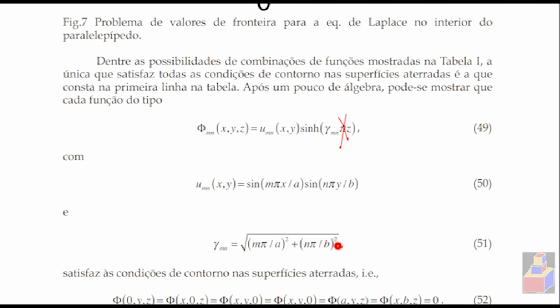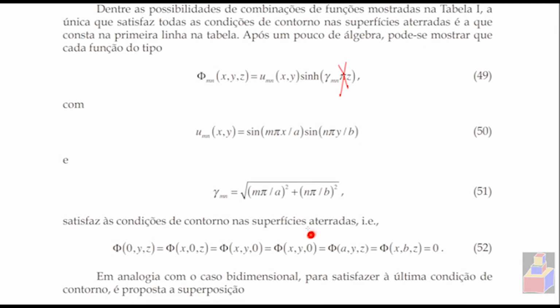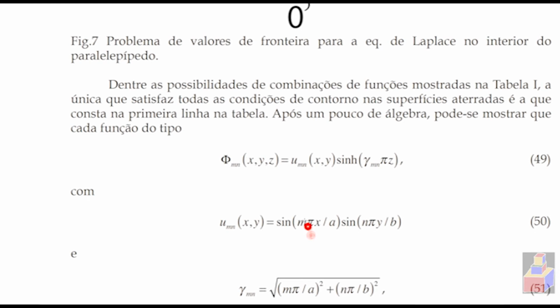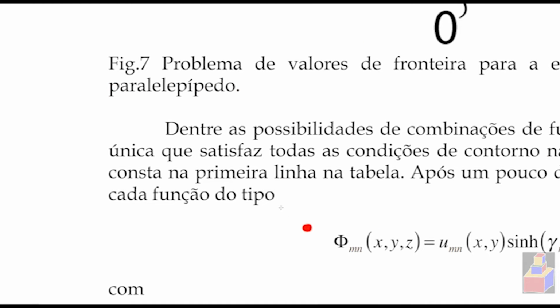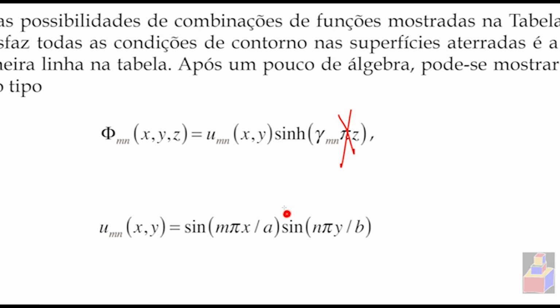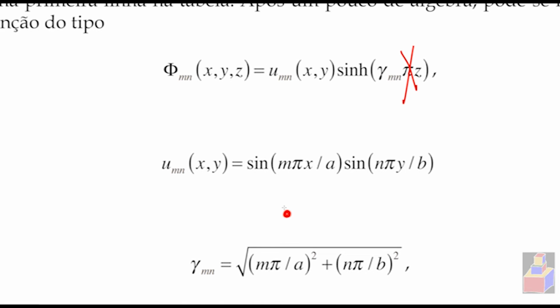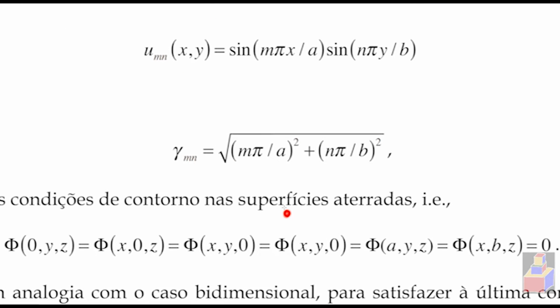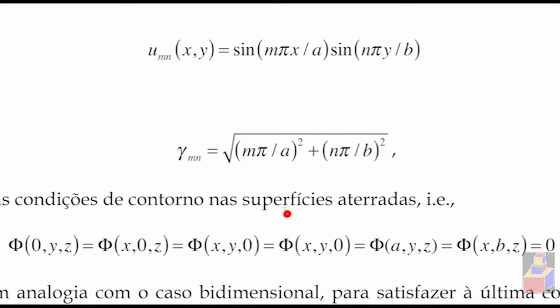So this satisfies all the boundary conditions of the grounded surfaces. If you test that, x equals 0 is 0, x equals a is 0, y equals 0 is 0, y equals b is 0, because it's a sine function.